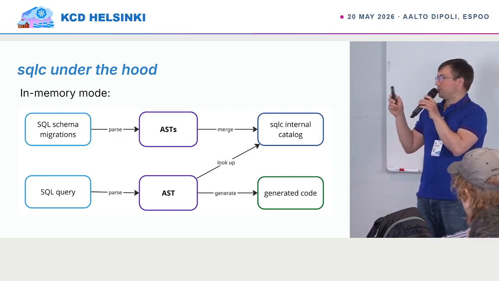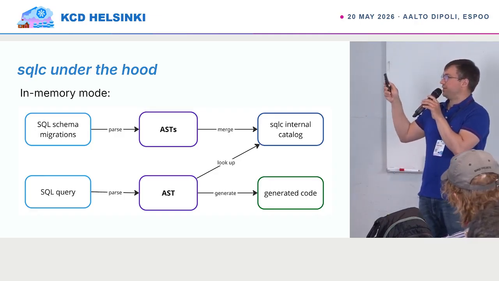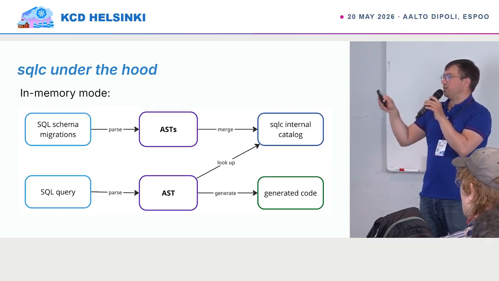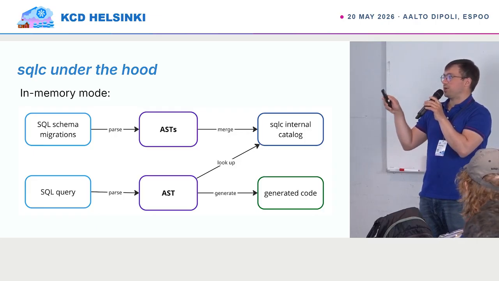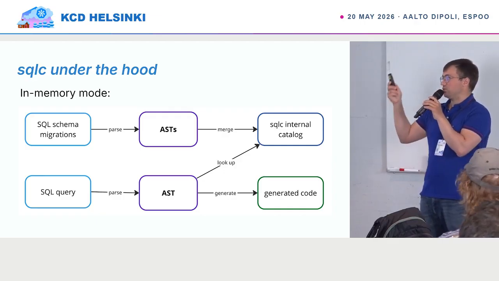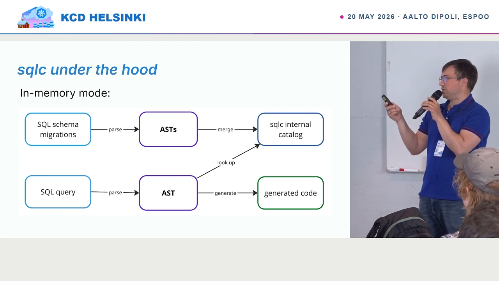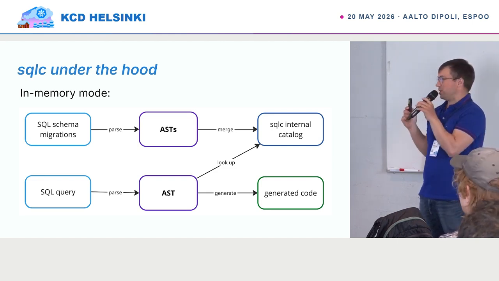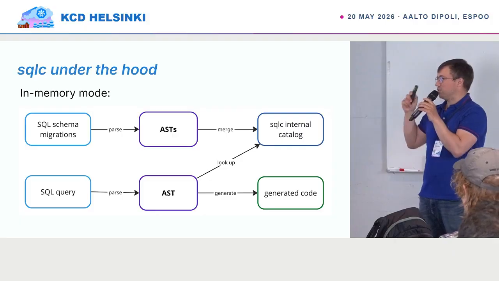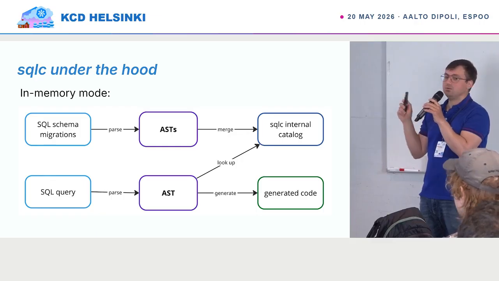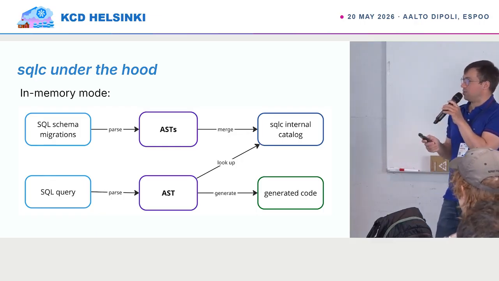Then it merges them into the internal in-memory catalog of sqlc. Then it parses each SQL query which we want to execute in the application, also transforms that to an abstract syntax tree, and looks up the catalog to verify the query: if the table exists, the columns exist, and what the types are. Then it uses those types to generate the code and do the mapping back to the Go code.